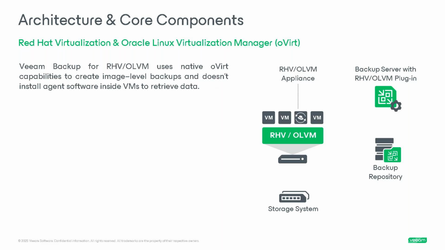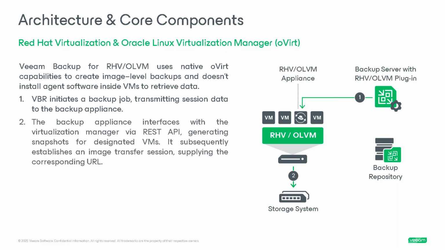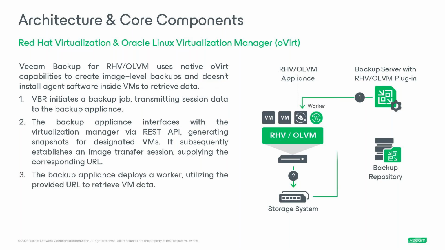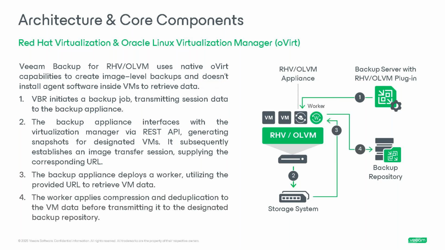With Red Hat Virtualization or Oracle Linux Virtualization Manager, they're both built on oVirt, so it uses the native oVirt capabilities to create an agentless image-level backup. It also uses the REST API to create a snapshot, then establishes the image transfer session, supplying the corresponding URL, deploys a worker, and sends the data, compressing and deduping if you wish.